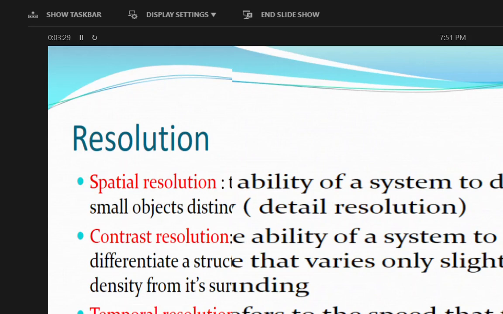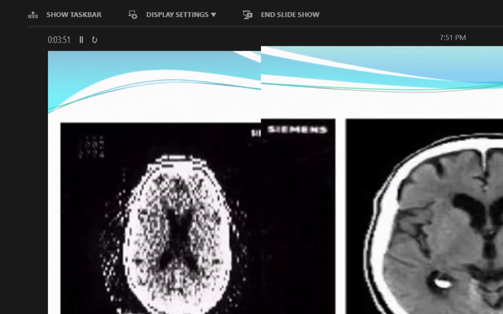So better contrast resolution means that when two things are kind of the same color on a CT, two different shades of gray, the easier it is for you to distinguish two things from each other. And then temporal resolution refers to the speed at which the data can be acquired. So some systems are going to have better temporal resolution because they're faster scanners.